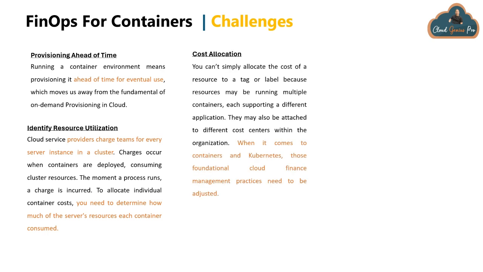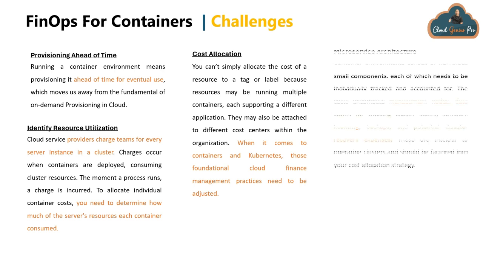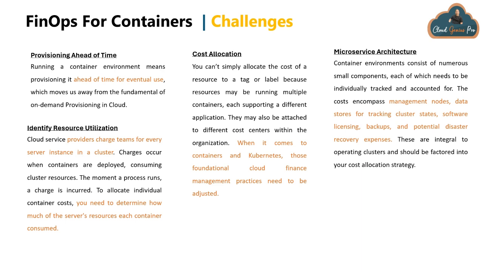The next is cost allocation. You cannot simply allocate the cost to the resources via tag or label like we do in regular cloud resource management. When it comes to containers or Kubernetes, those foundational tagging mechanisms or practices need to be adjusted. The key reason is that the container follows a microservice architecture.